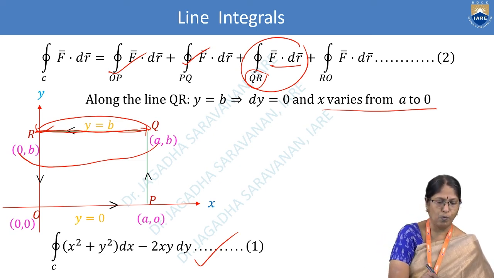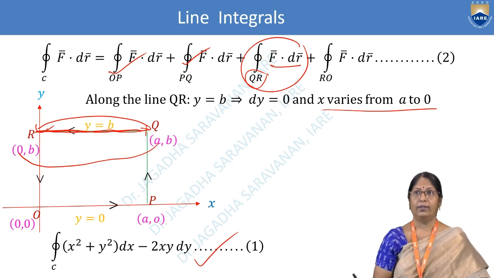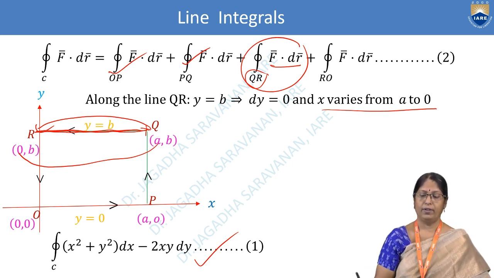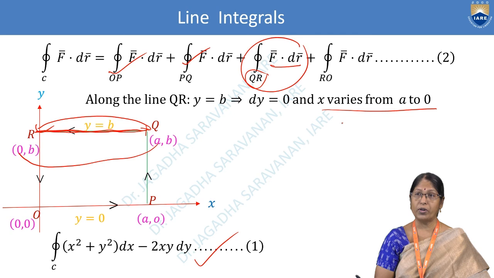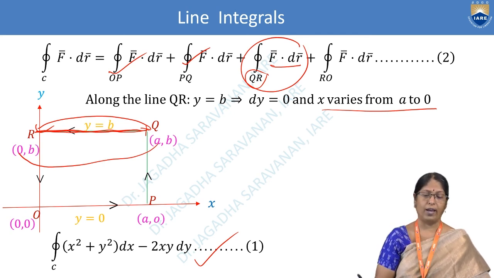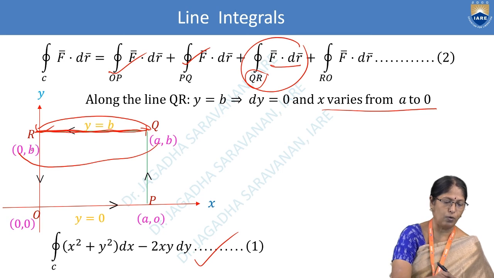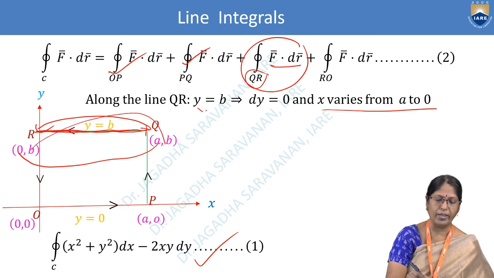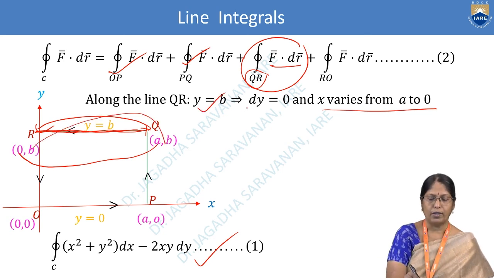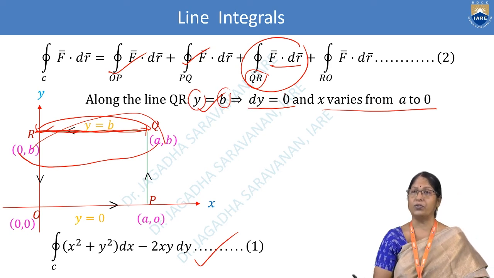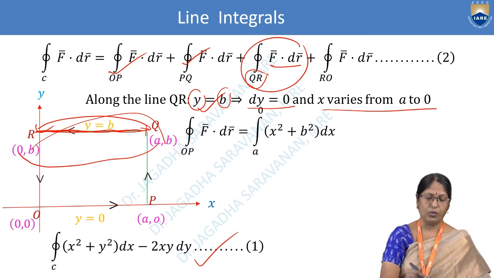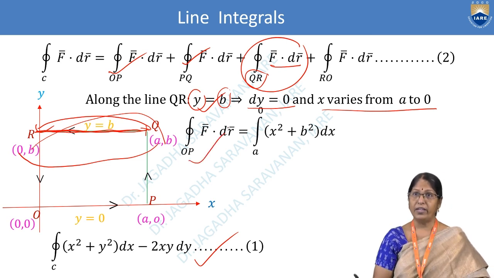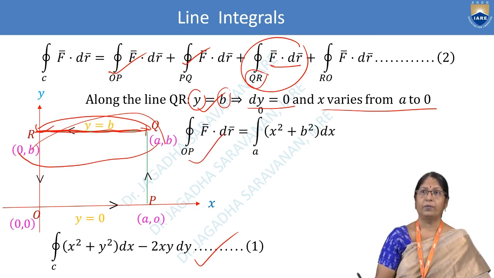Now as it moves in the x direction, we are going to do the integration with respect to dx. Before that, what is the role y is playing? y equals b. So the differentiation of y, here b is constant, which is 0. So this is the line integral formula.